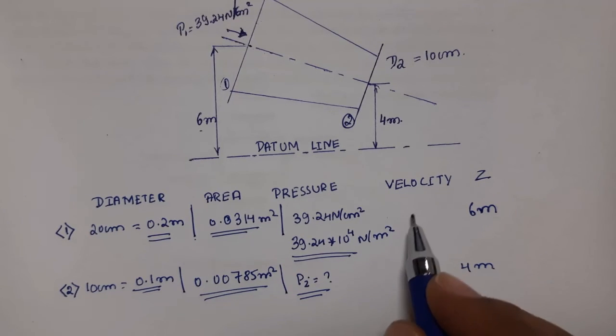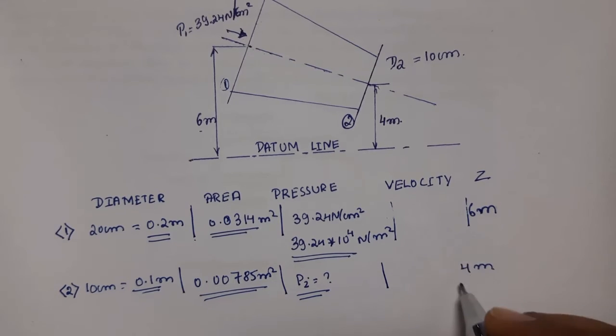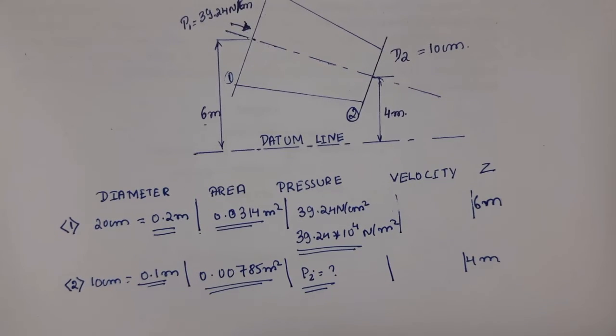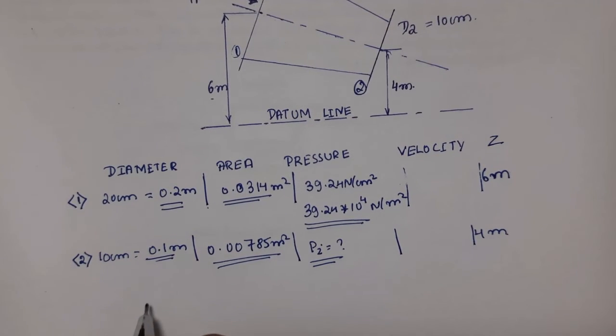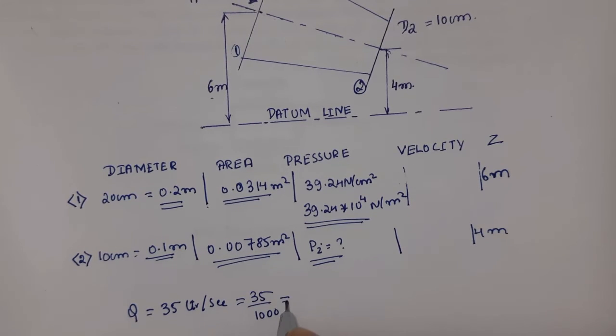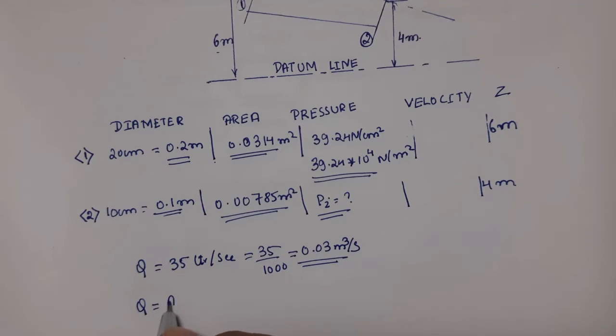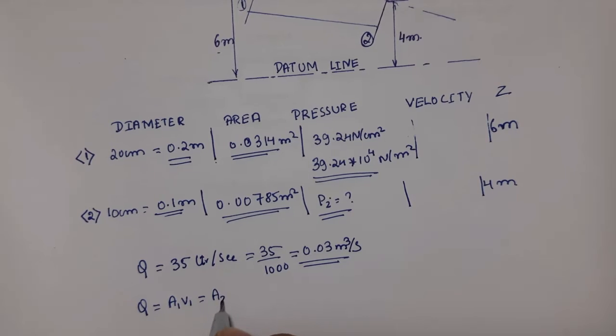Okay, now let us find the velocity. To find out the velocity, we have the discharge, that is Q is equal to 35 liters per second. So this 35 divided by 1000, you'll get it as 0.035 meter cube per second. Now as we all know, Q is equal to A1 V1, that is equal to A2 V2.